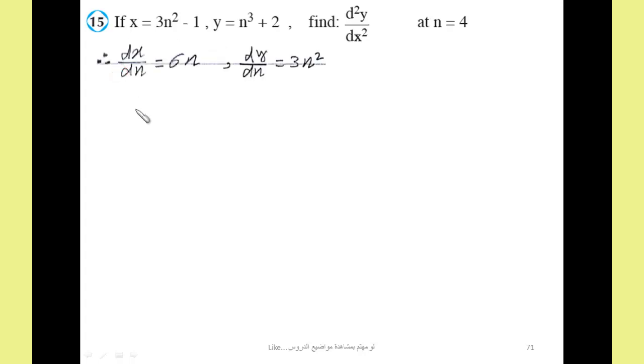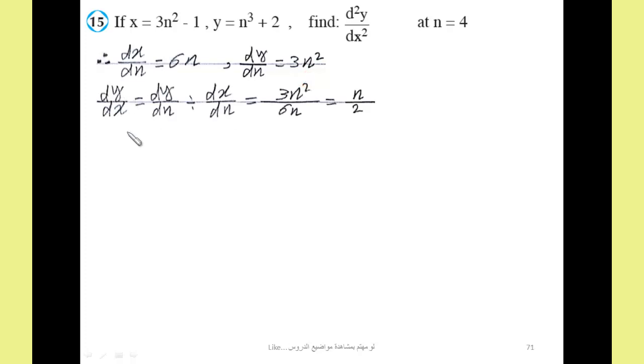So first we calculate dx/dn equals 6n; the derivative of negative 1 is 0. dy/dn equals 3n². And dy/dx, the division of dy/dn by dx/dn, equals 3n²/6n, which equals n/2. The simplest form of this is n/2.